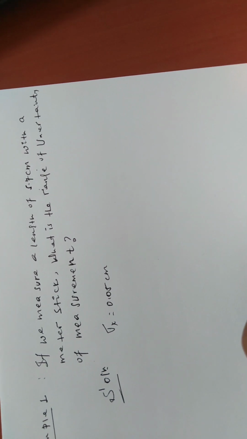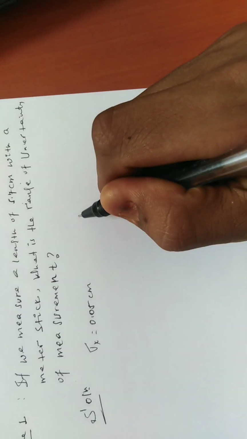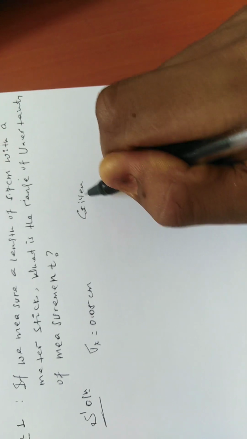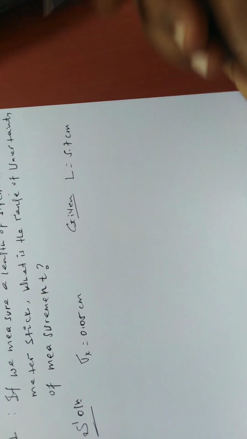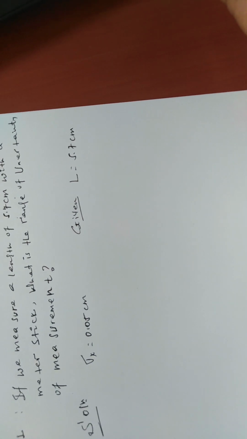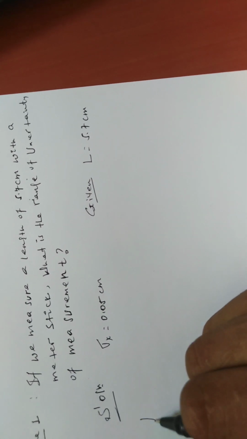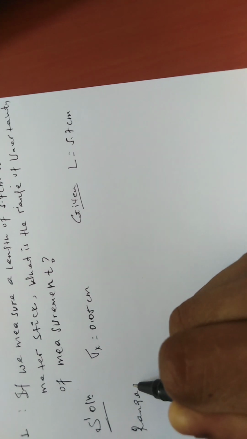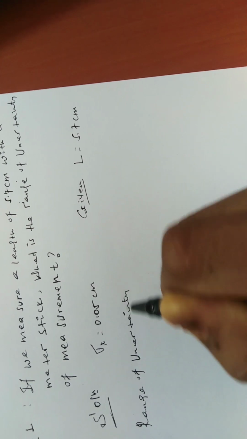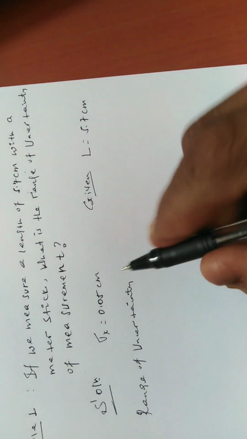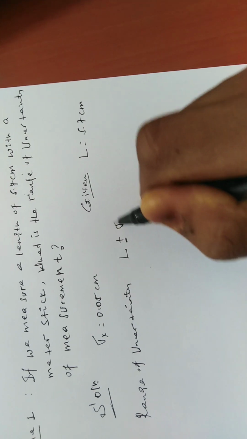So our length is 5.7 centimeter. Range of uncertainty is our length plus or minus the uncertainty.